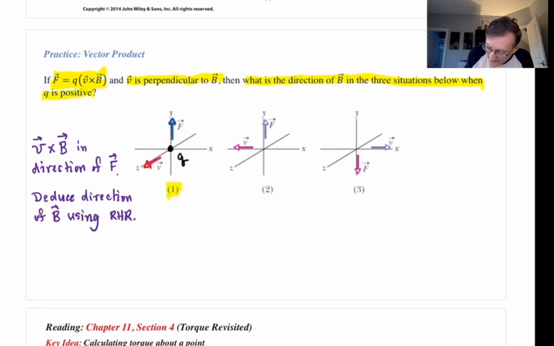Okay, did you say that the vector B must point in the plus X direction?